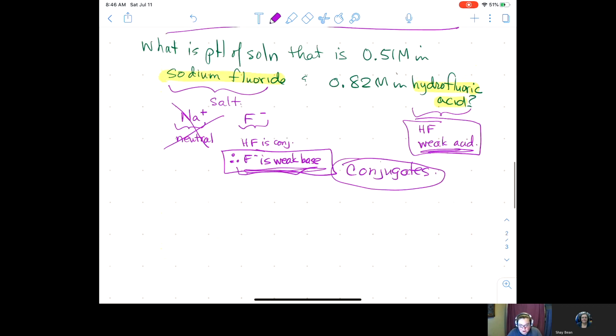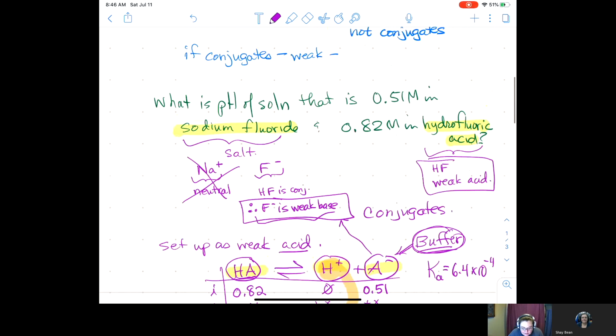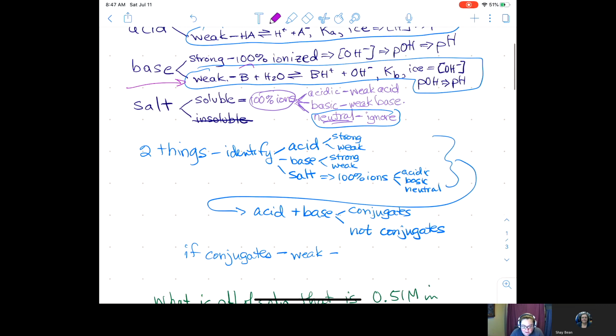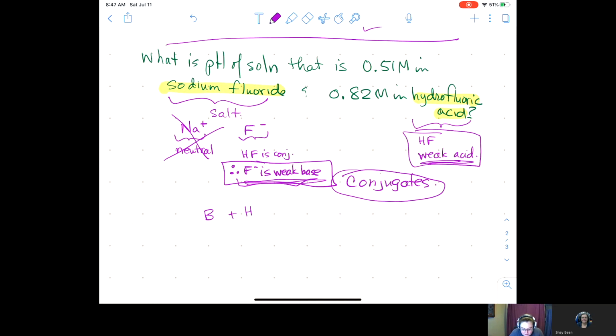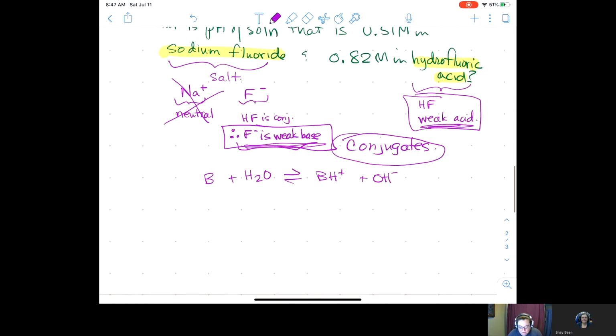So let's write that equilibrium reaction. So I can write it as the generic. What was the generic? The generic reaction looks like this. Let me write that one first. I can always use this generic reaction. Sometimes it fits better than others. This is not a perfect fit because the base is actually F minus, and its conjugate, this acid-base conjugate pair, is actually HF.